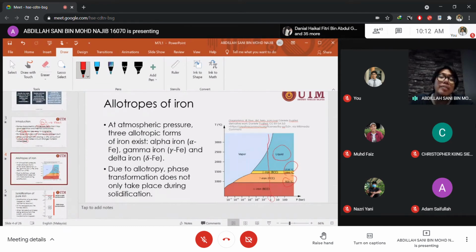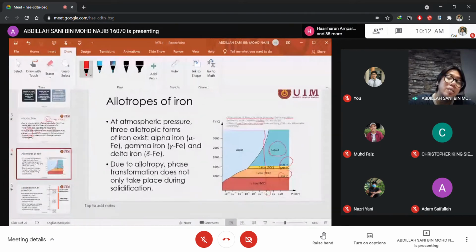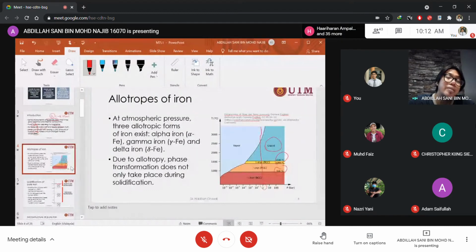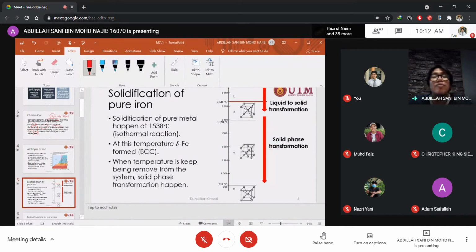So this is the basic information for us before we take a deeper look at the steel. Okay, this is the iron. During the solidification, this is what I have mentioned just now.